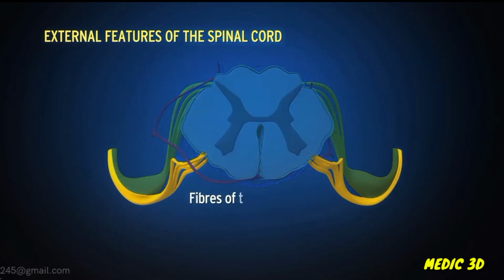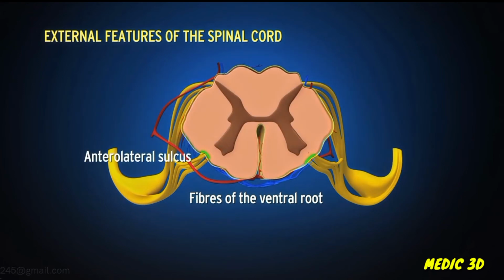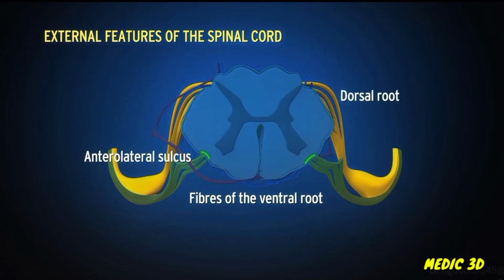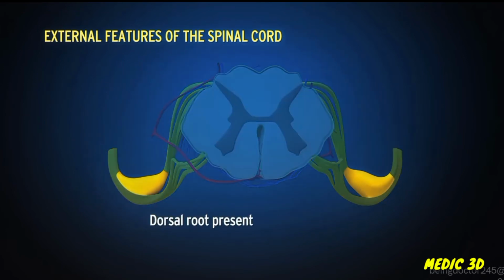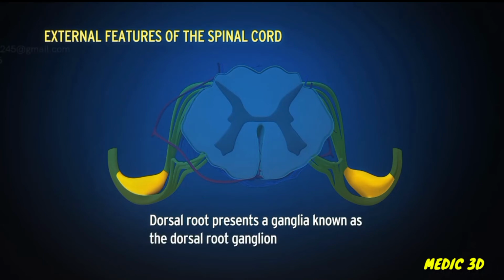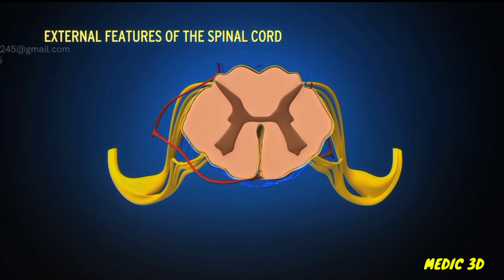The fibers of the ventral root emerge from the anterolateral sulcus, and that of the dorsal root arise from the dorsolateral sulcus. The dorsal root presents a ganglion known as the dorsal root ganglion. Each root is made up of a number of rootlets.